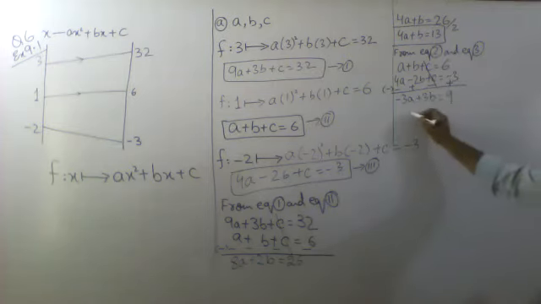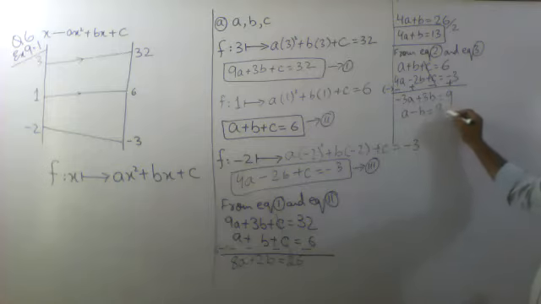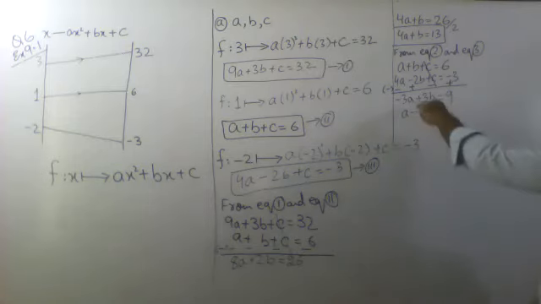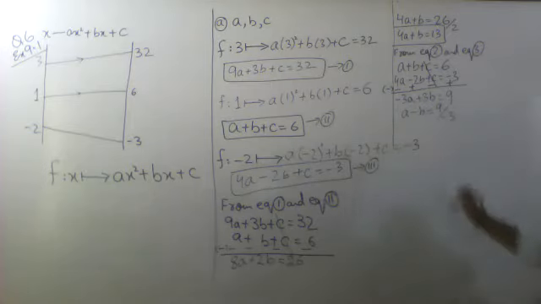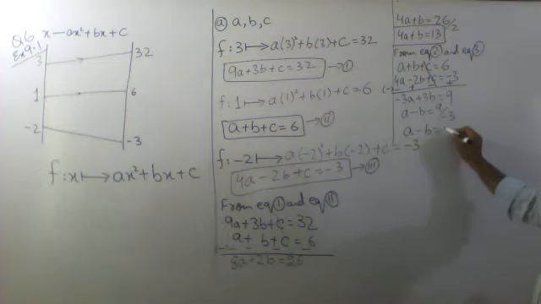Taking minus 3 common and shifting it on the other side, so A minus B equals 9 over minus 3. I have taken minus 3 common over here and shifted it on this side. So now I am going to have A minus B equals minus 3.